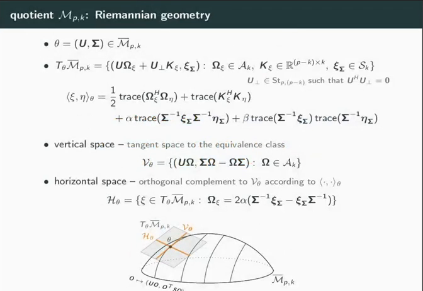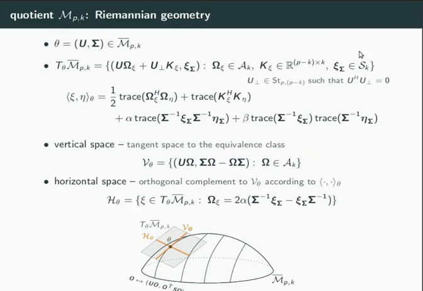So what we can do to study the geometry of the quotient is to consider the tangent space of the M bar, which is the full manifold, and we will be able to characterize the tangent space of the quotient manifold by taking a subspace of this tangent space of the whole manifold.